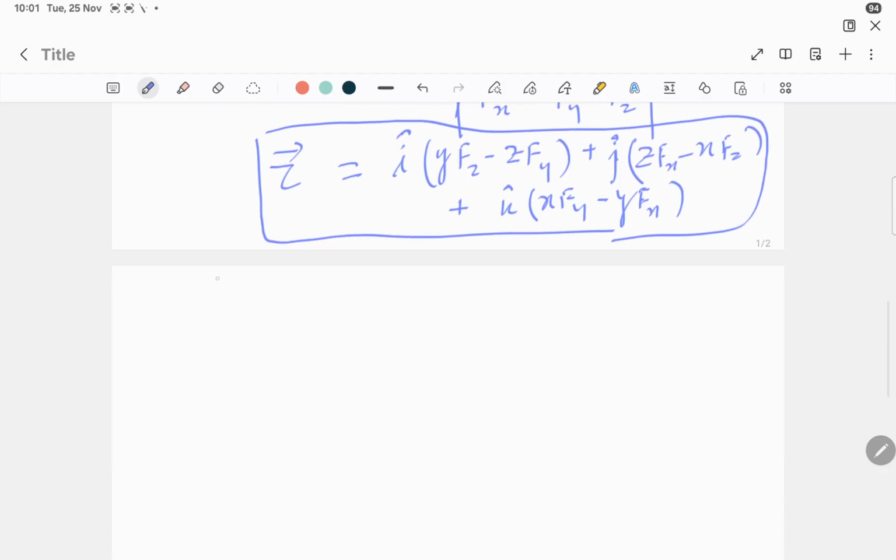I can write it as tau x. The component with i is obviously tau x. So tau x is y Fz minus z Fy.